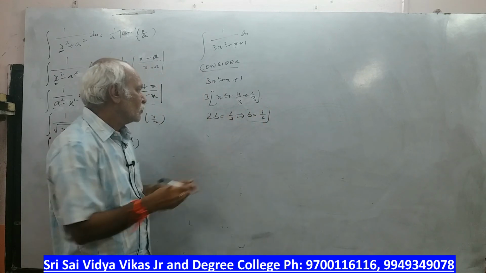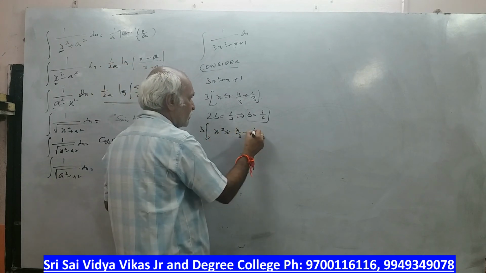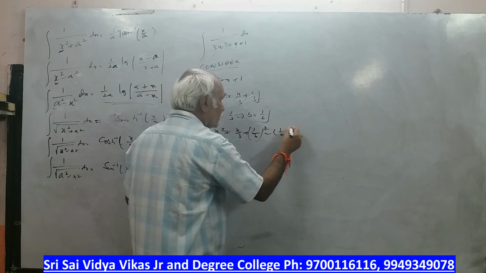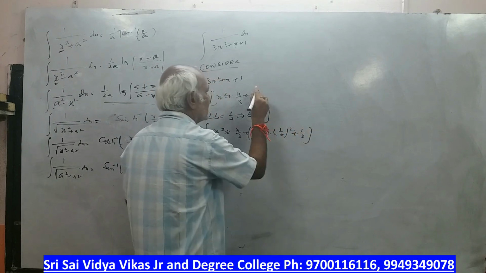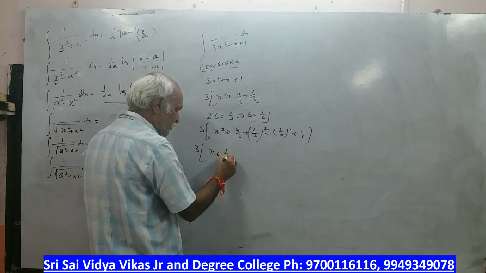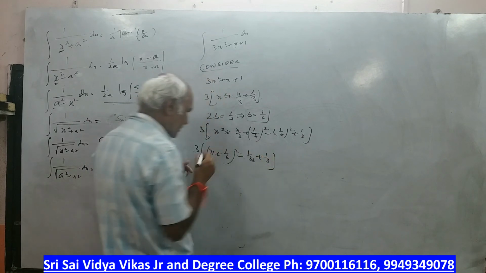Divide here, sir. So 3 into x plus 1 by 6 whole square minus 1 by 6 whole square plus 1 by 3. Therefore, x plus 1 by 6 whole square minus 1 by 36 plus 1 by 3.